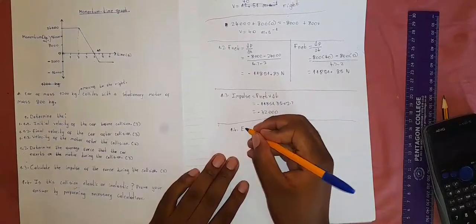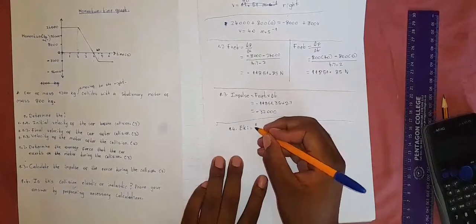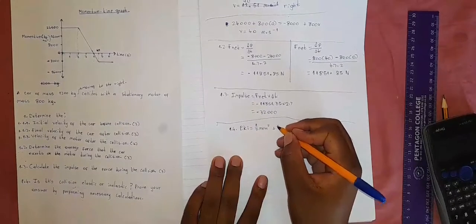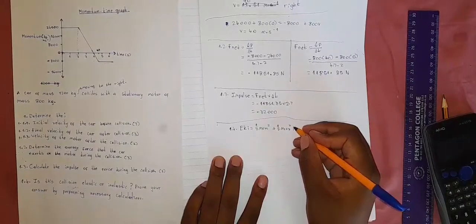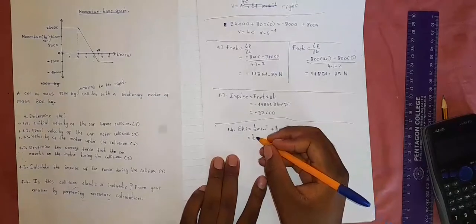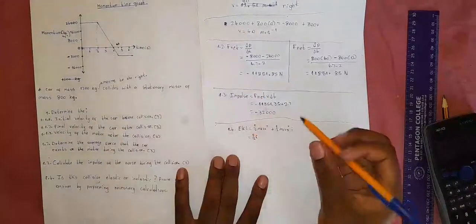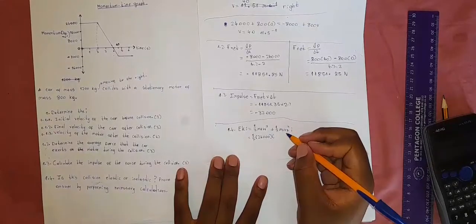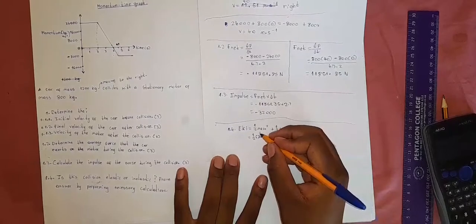EK initial is equal to half M1 V1 squared plus half M2 V2 squared. Let's substitute here: half of the mass of the car, which is 1,200, times the velocity.